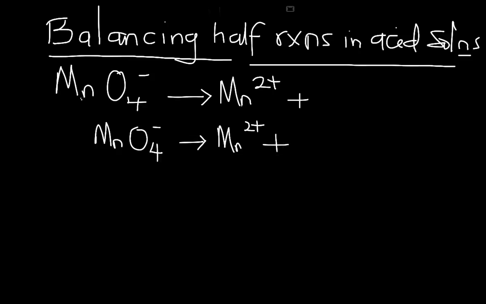But we have 4 oxygen here and 1 oxygen here, so we want to balance this oxygen. The only way we can get 4 oxygen here is to have 4 water. So we have 4 oxygen here and 4 oxygen here, so we can say that our oxygen is balanced.